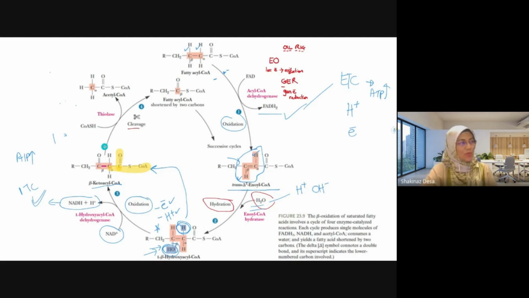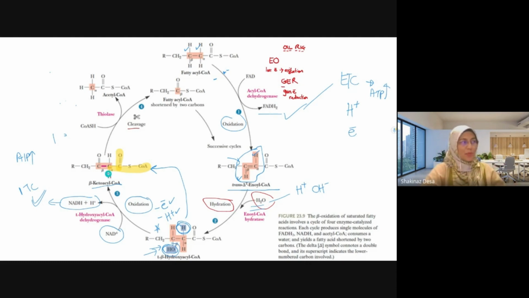So kat sini what happen? This is the part where we're going to cut it, thiolysis meaning cleave, potong, cleave it and then add CoA. Once we cleave this, this section will become acetyl CoA. Yang remaining tadi, just now if we start at 28, kita potong 2.